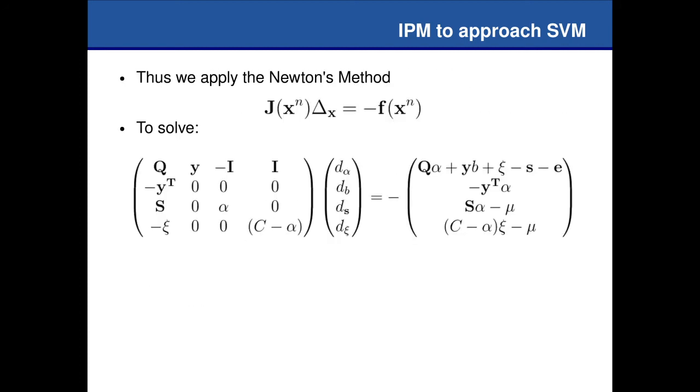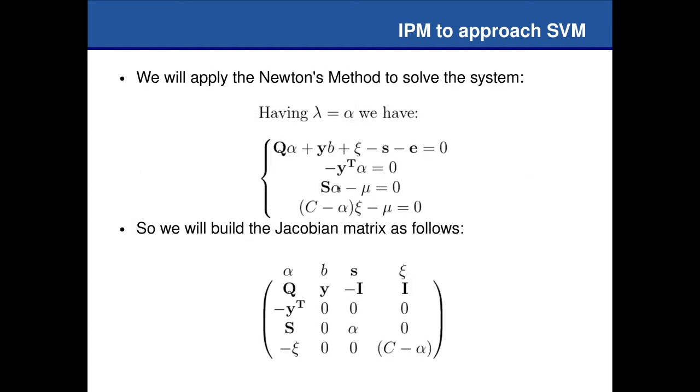If I am differentiating the Lagrangian, it tells me how much I can walk in every direction, consider this as an axis in my space, in terms of every alpha, all alphas, all B, that's a single value, all slacks S, all slacks psi.